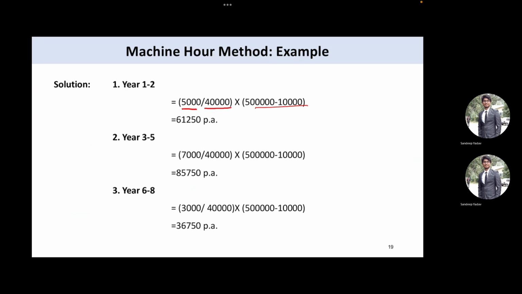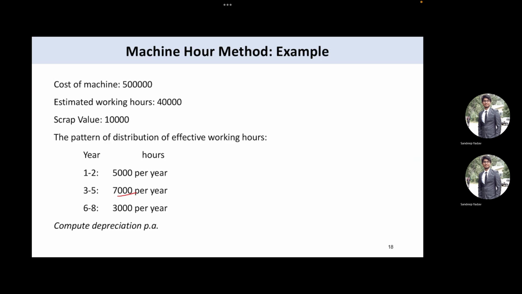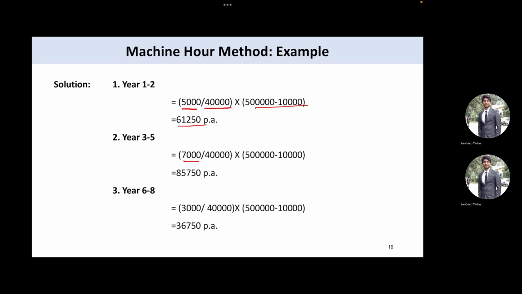And the depreciation will be 61,250 per annum. And for the year 3 to 5, similarly, the hours are 7,000. Estimated working hours are 40,000, and this will be similar.